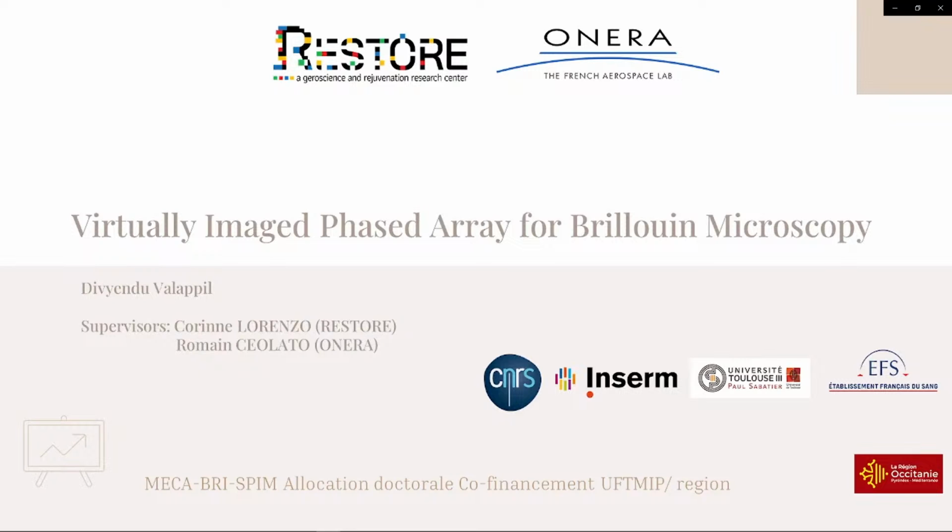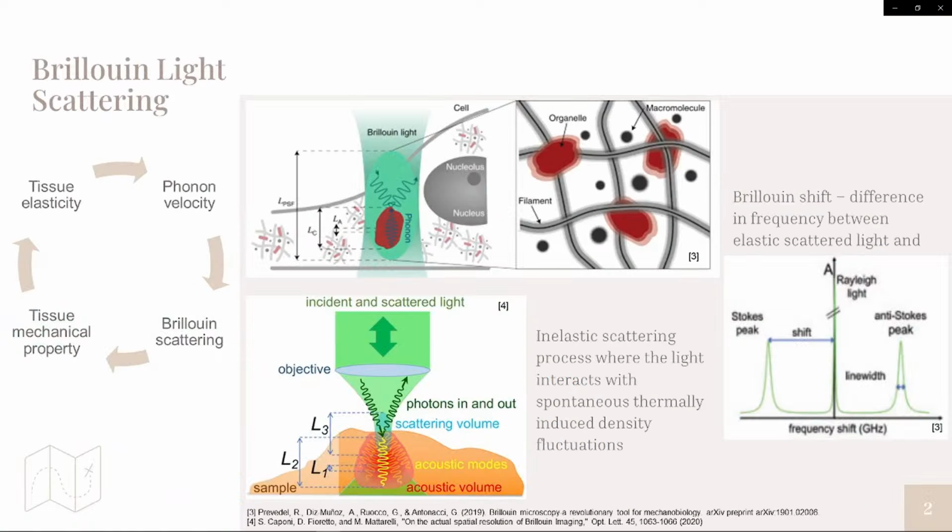So what exactly is Brillouin light scattering, which has been used for Brillouin microscopy? Light scattering occurs in two different ways: elastic light scattering or inelastic light scattering. Elastic light scattering is an interaction between photons, and inelastic light scattering is an interaction between photons and phonons.